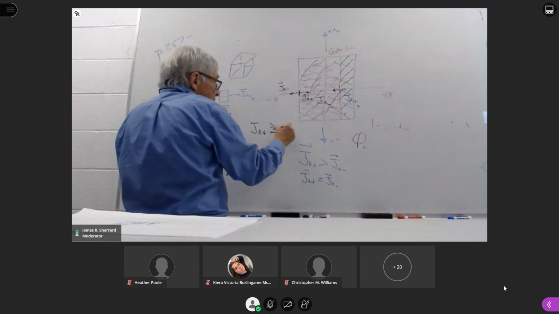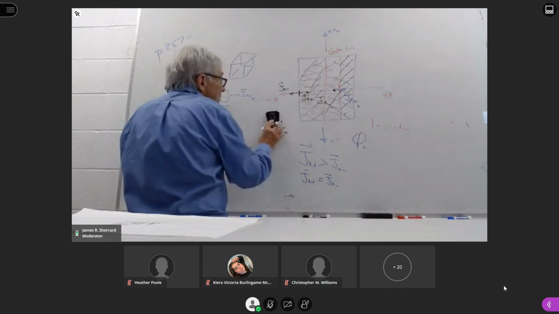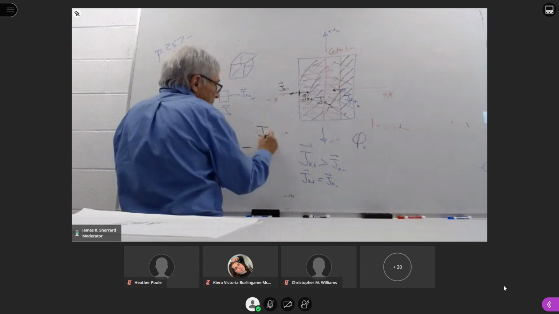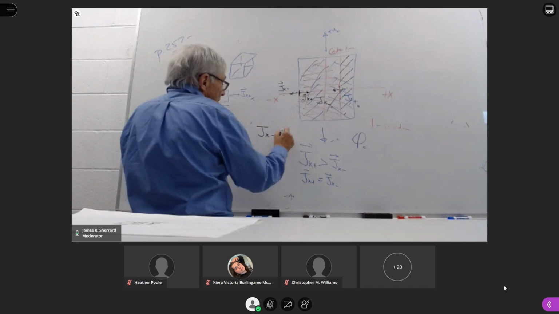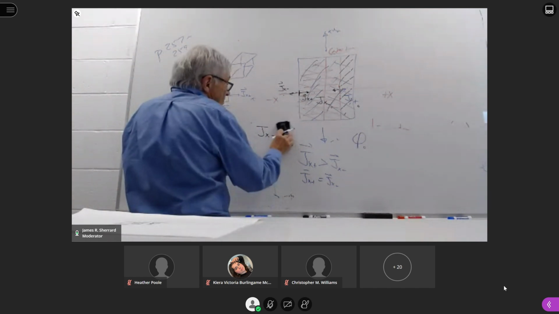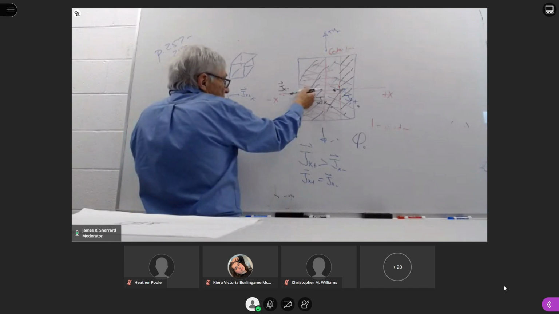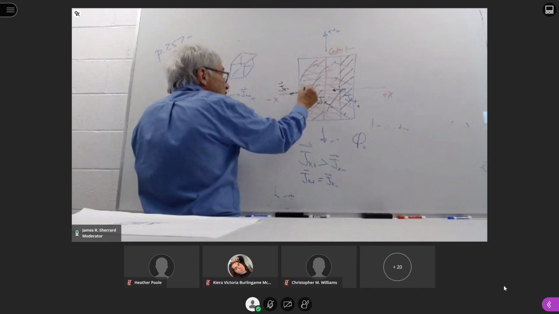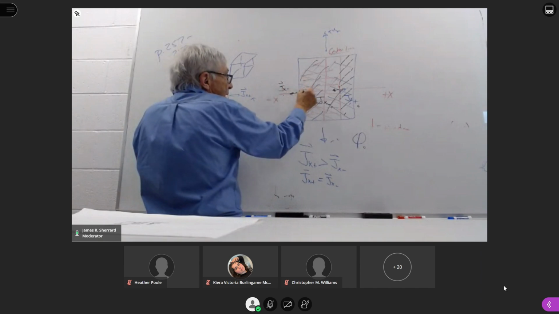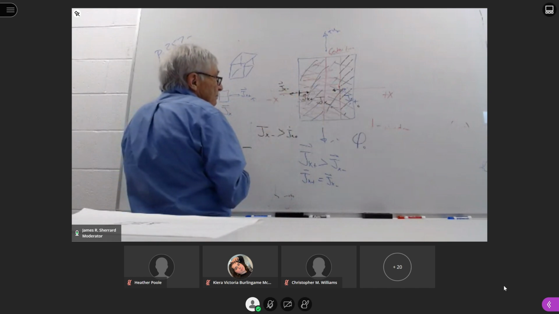So this is much, much greater than this value. This value is very small because there's nothing here to go back this direction. All of this can go back in this direction.